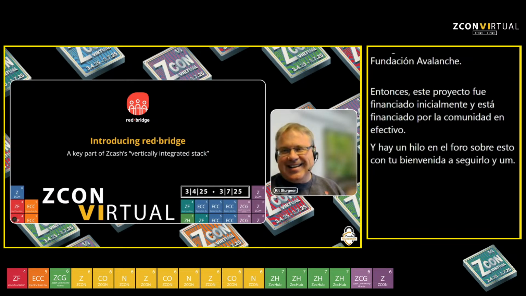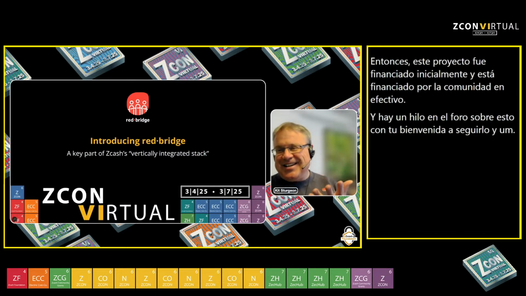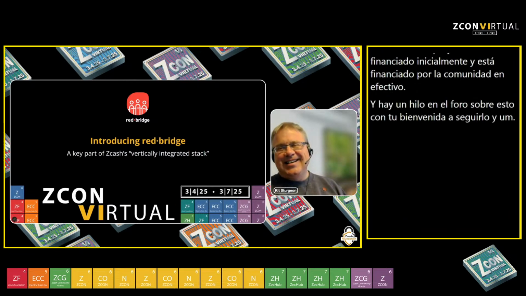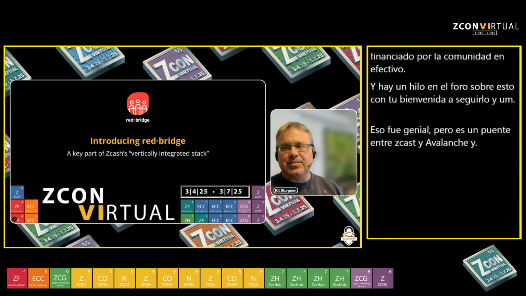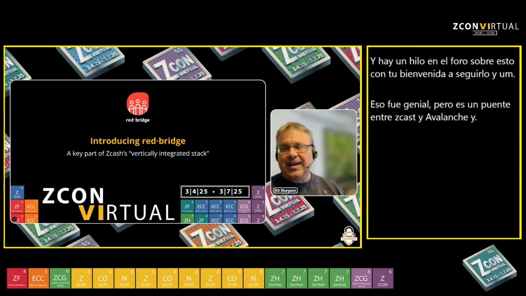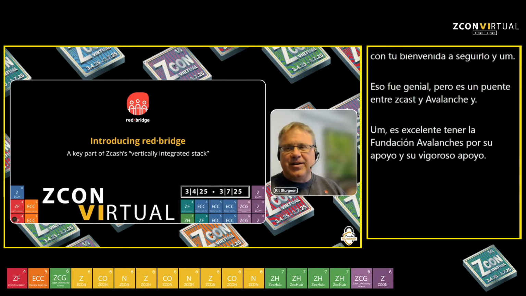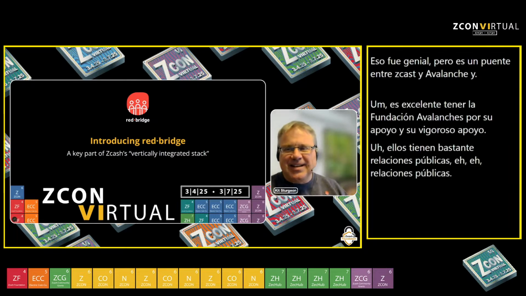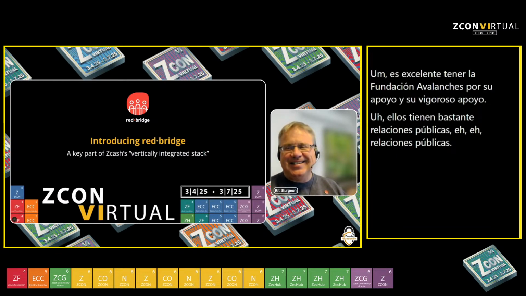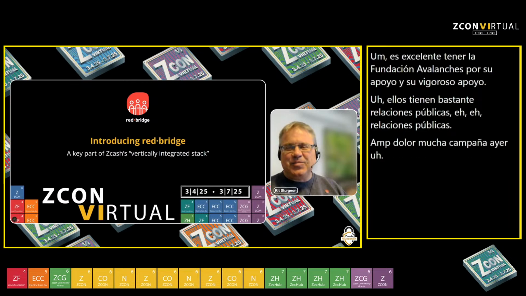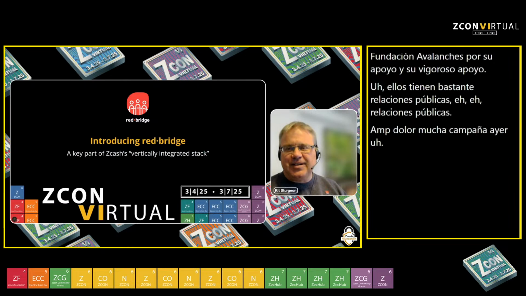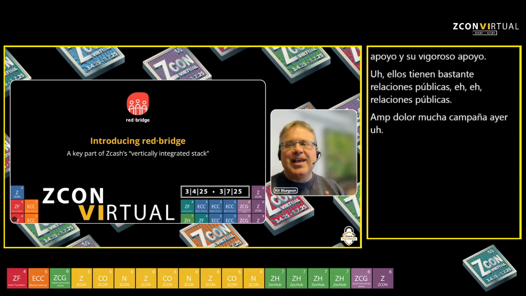That was great. But it's a bridge between Zcash and Avalanche, and it's so excellent to have Avalanche's foundation support and vigorous support. They did quite a PR mini campaign yesterday, and we're really excited for that support from the Avalanche community and from the Avalanche Foundation.